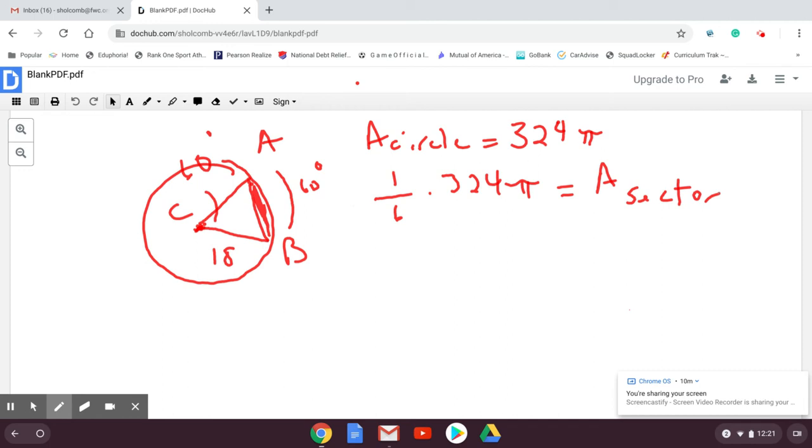Okay? Well, we know that this triangle, if I were to pull it out like this and label it, is isosceles because these pieces are both 18. They're formed by a radius. So to find the area of that, perhaps the easiest way is just 1/2 BC sine of A. Or you can do 1/2 base times height.